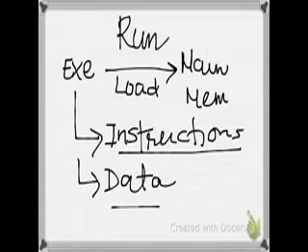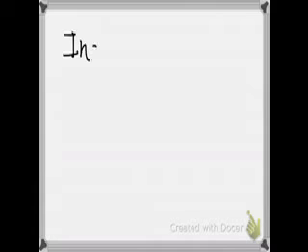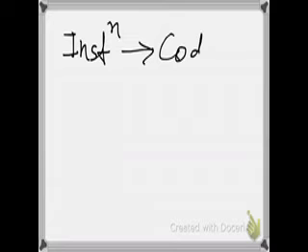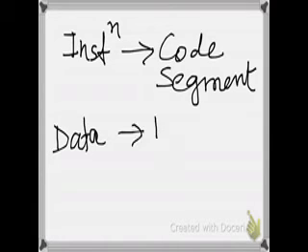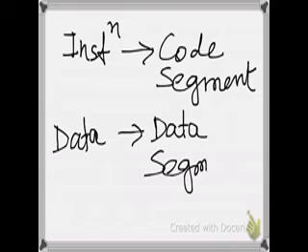So in the executable file, when you load it into main memory, all the instructions are kept together and the data is kept together. So the instructions, the set of instructions of the program itself, are stored in a place known as the code segment, and the data, that is the variables and constants that you have, is stored in the data segment.